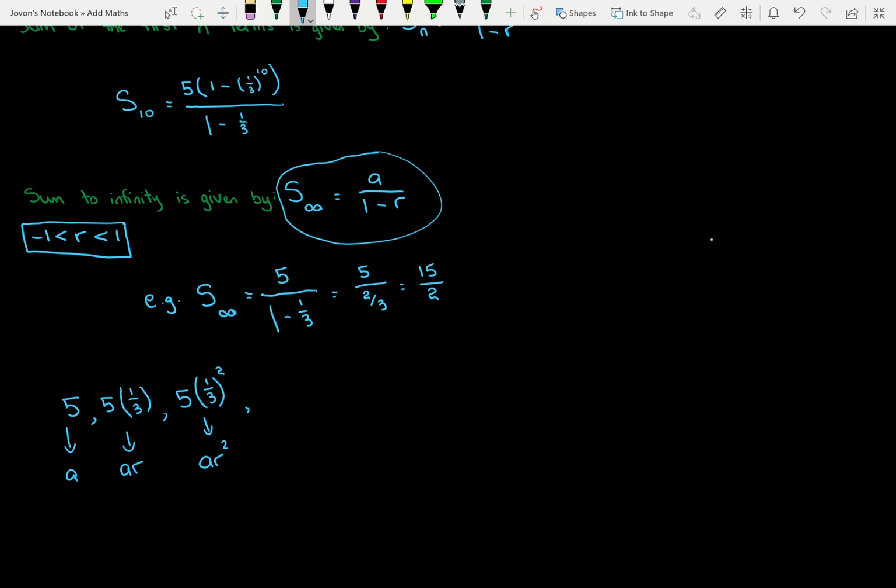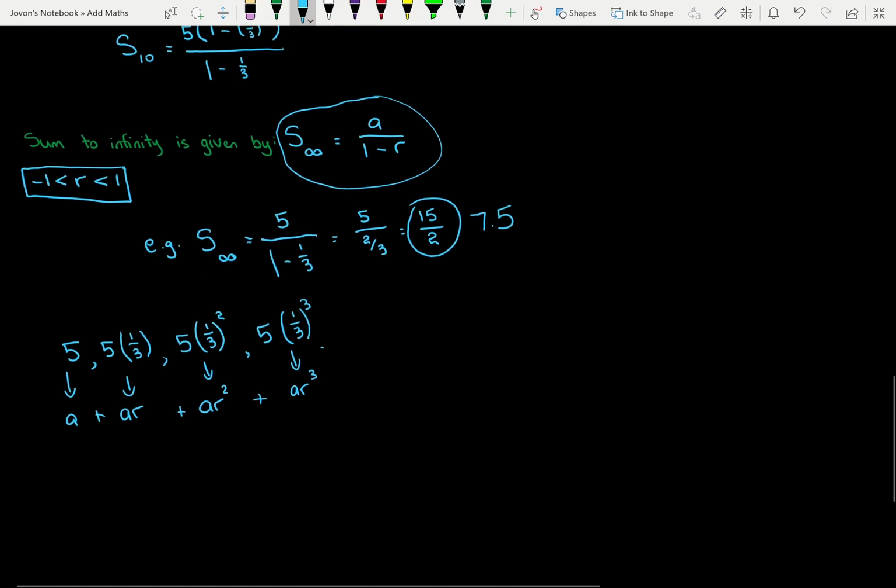Then we'll have 5 multiplied by 1/3 cubed, which will give you a r cubed. And what this says is that if we add an infinite number of terms, they would approach this value, which is 7.5. It would never cross this value. But again, remember, to find the sum to infinity, r must be between minus 1 and 1.